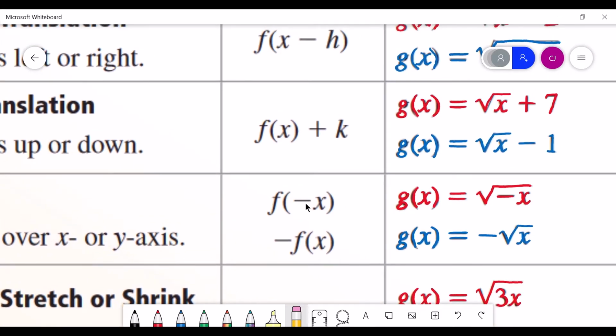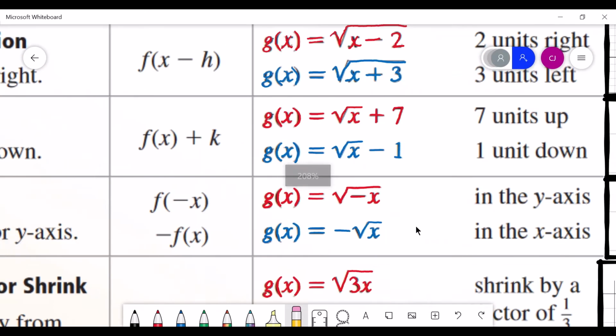The negative is going to be on the inside of the function if we're talking about a horizontal reflection or a reflection over the y-axis, and the negative is going to be outside of the parent function if we're talking about a reflection over the x-axis or a vertical reflection.